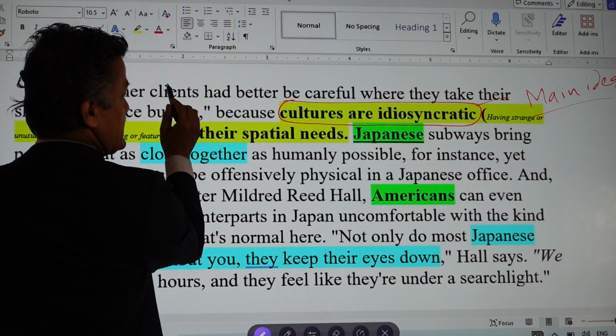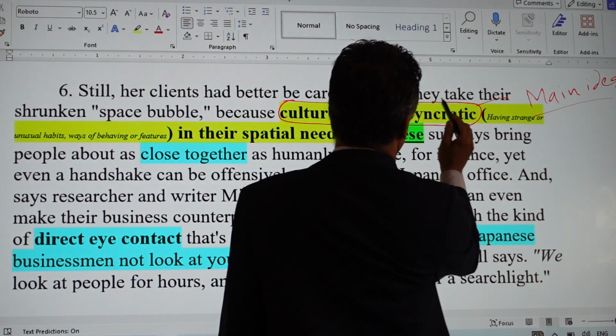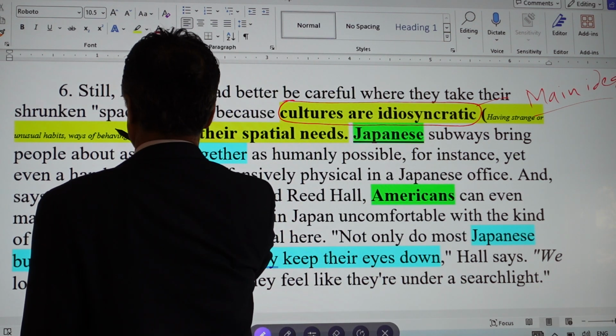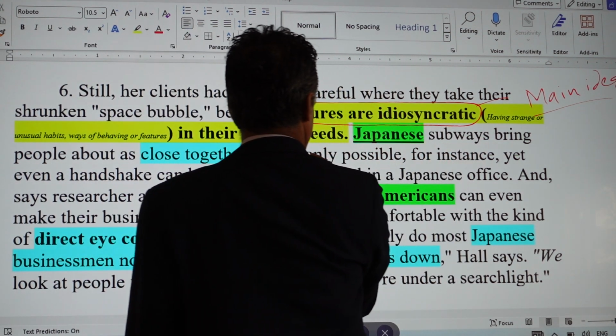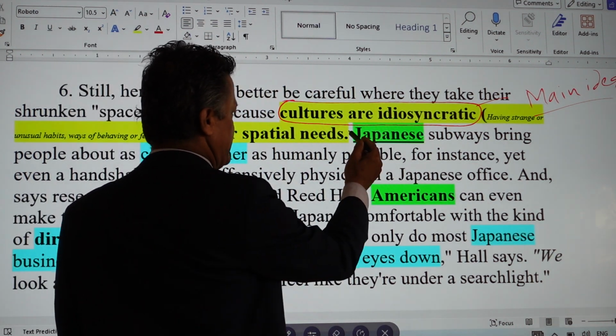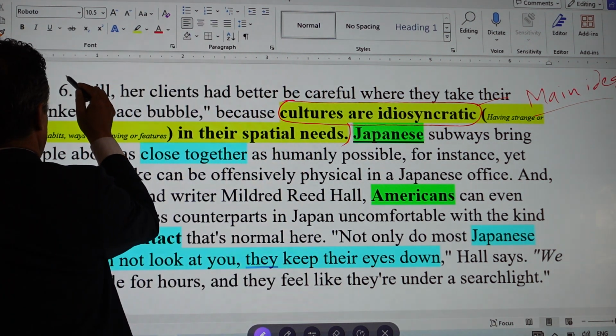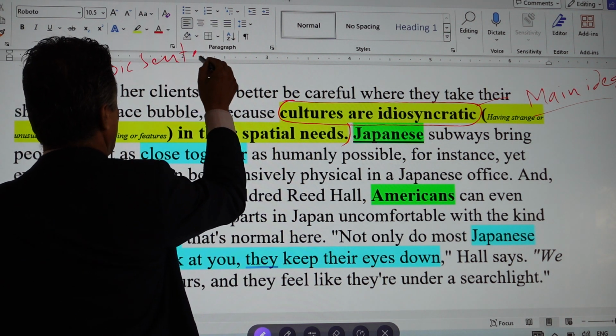So, this sentence, still her clients had better be careful where they take their shrunken space bubble, because cultures are idiosyncratic in their spatial need. This sentence is known as what? Topic sentence.